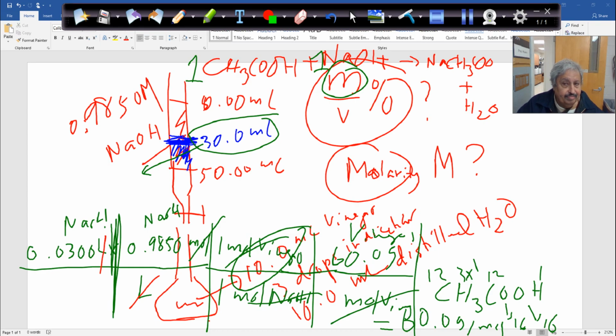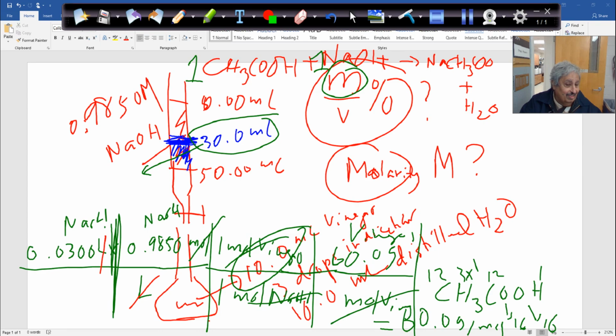How much is it? Nobody calculated? 0.03 multiplied by 0.985 multiplied by 60, that's with the molar mass. How much is it?